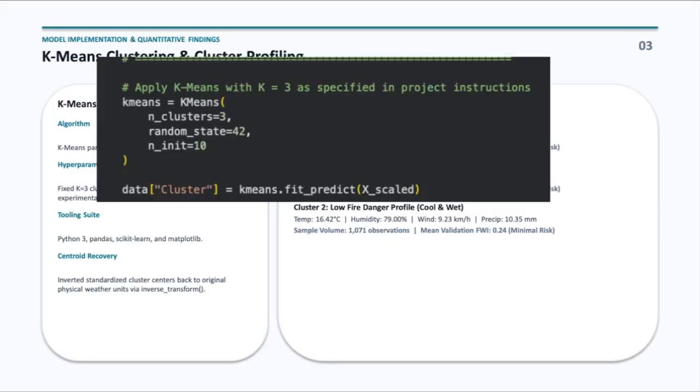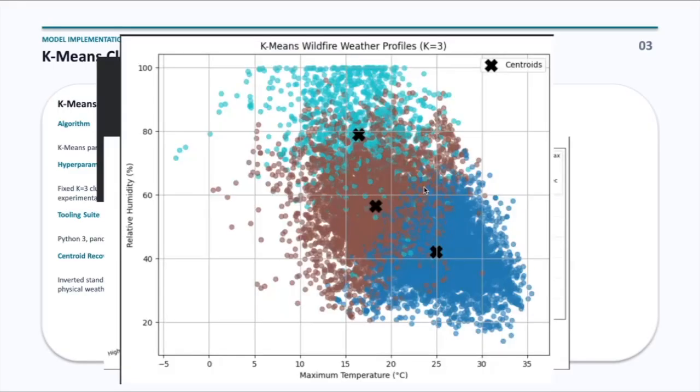We then called .fit_predict on our scaled weather features, x_scaled, to compute the cluster centers and assign a cluster label to every daily record in our dataset. The scatter plot cleanly separates the data into 3 distinct groups with the black X markers highlighting the calculated cluster centroids.